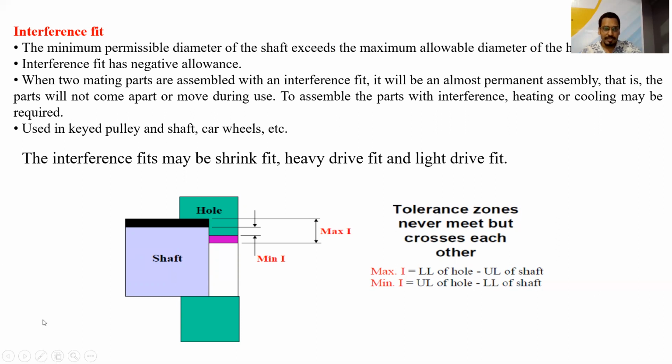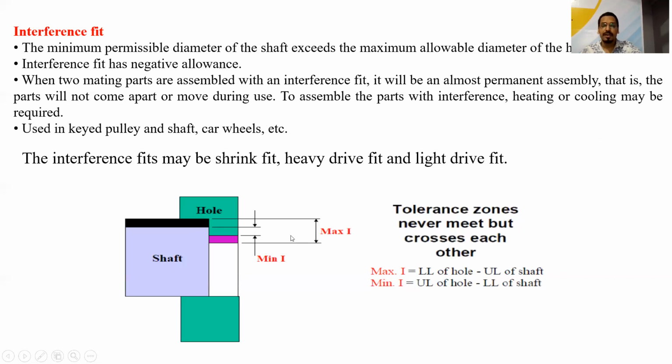So you can easily see that from this diagram. This is the lower limit of the shaft and this is the upper limit of the shaft. So allowance will be the lower limit of the hole minus upper limit of the shaft.